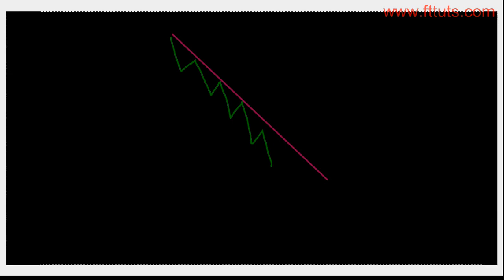So if we saw the price working its way back up towards that trend line, in the first instance, because it's a trend line, we will assume that the trend line is going to hold the price, and that the price is not going to breach the trend line.